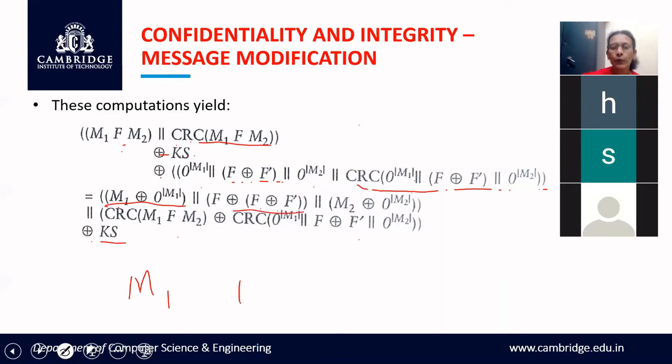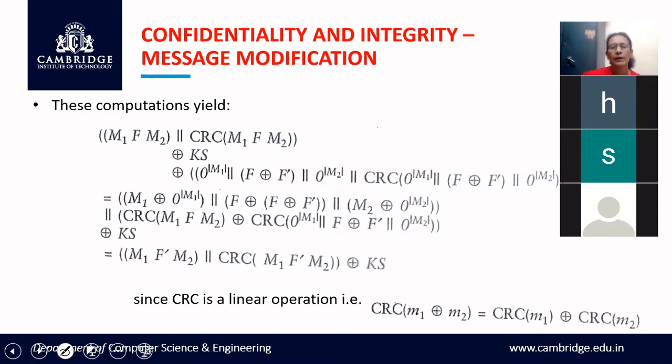This will give you F dash and this will give you M2. So you end up with M1, F dash, M2 concatenated with CRC of M1, F dash, M2, because again these are all zeros, and XORed with key string.